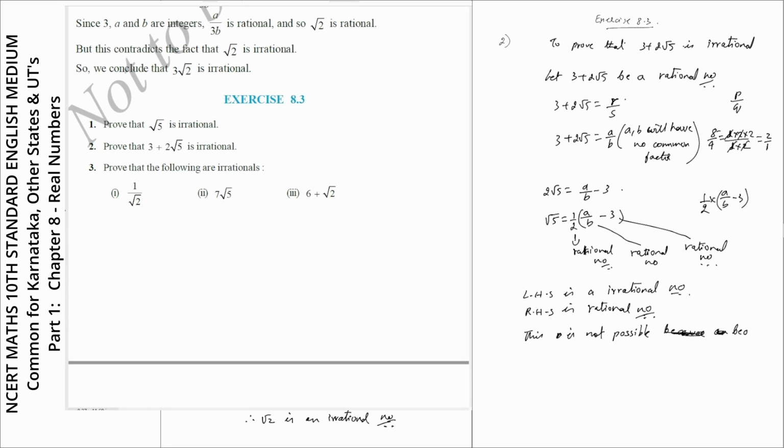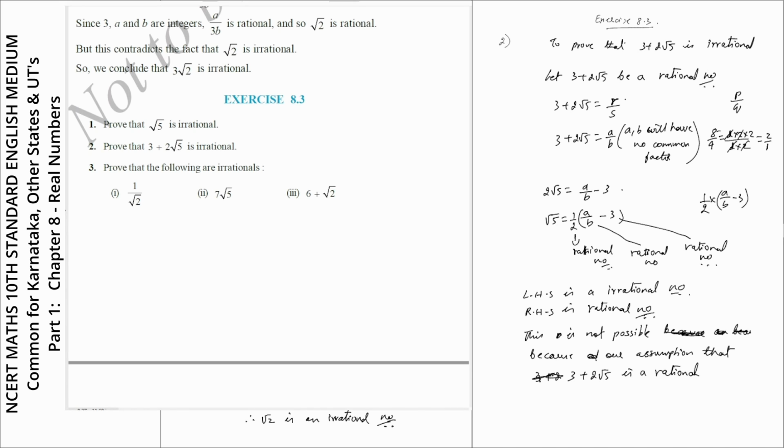Okay, because our assumption, what did we assume? We assumed that root 3 plus 2 root 5 is a rational number.